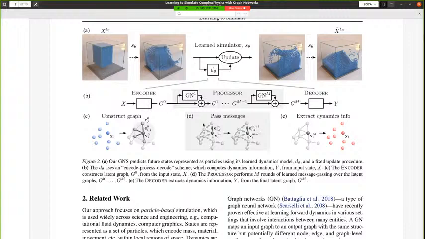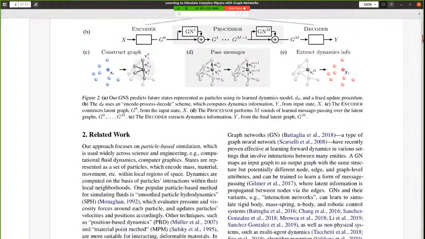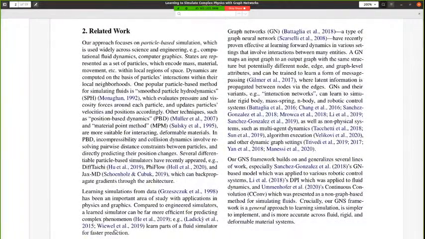We encountered, in the session that I've already cited quite a bunch of times, the session where we had the Wiewel et al. paper, a technique that wasn't about particle-based systems, but where they were discretizing the space.